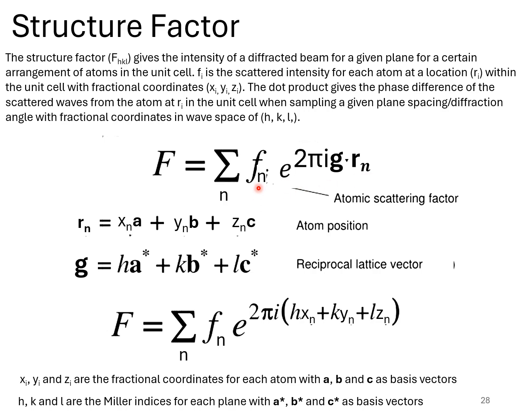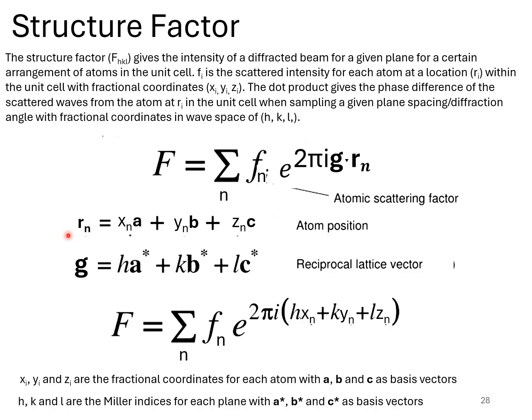The atomic scattering factor will vary because you might have an aluminum atom or a nickel atom and still have a face-centered cubic cell. I've forgotten whether I include a little bit of that in this lecture. I don't think I do, but just be aware of that.